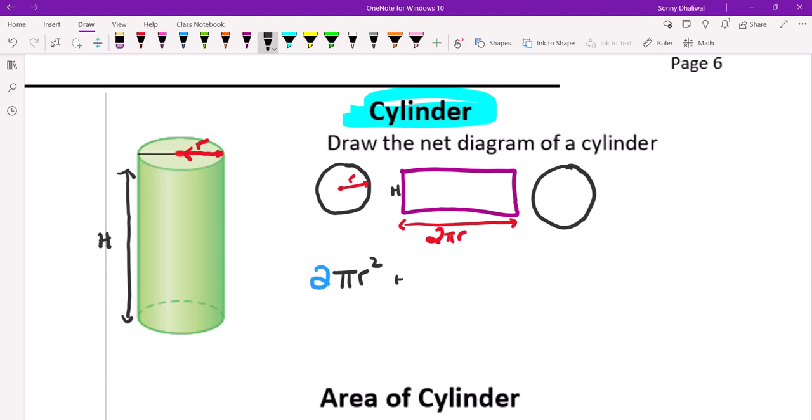So we're doing length times width, the area of a rectangle. So we have 2 pi r times h. So circles plus rectangle. Do you have to memorize this? No. I'll give it to you. This is equal to the surface area of your cylinder.